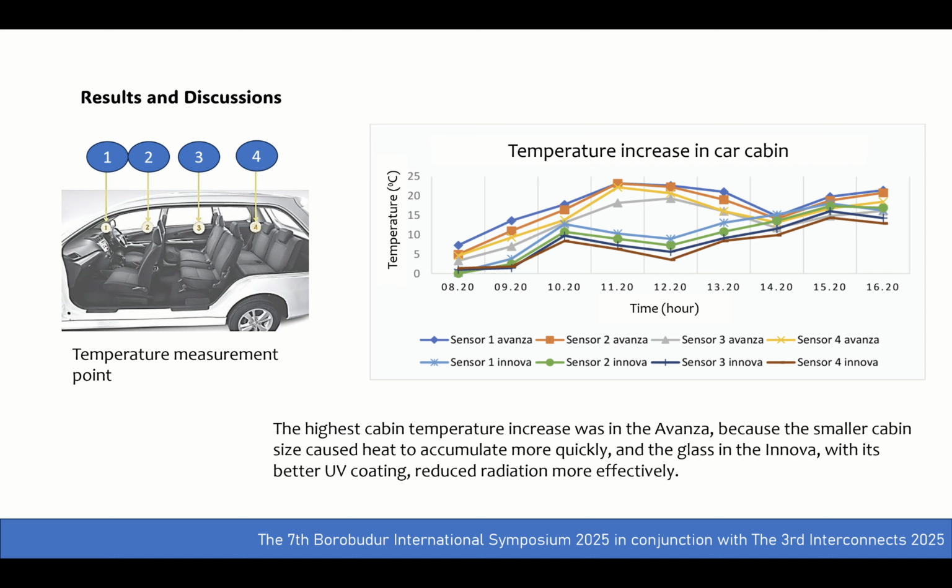This is gradual because sensor 1, in the cabin at the driver's seat, increases in temperature more than the passenger seat because it has glass. So we can see that in the Innova the temperature decreases, but it gradually increases after 10:20.